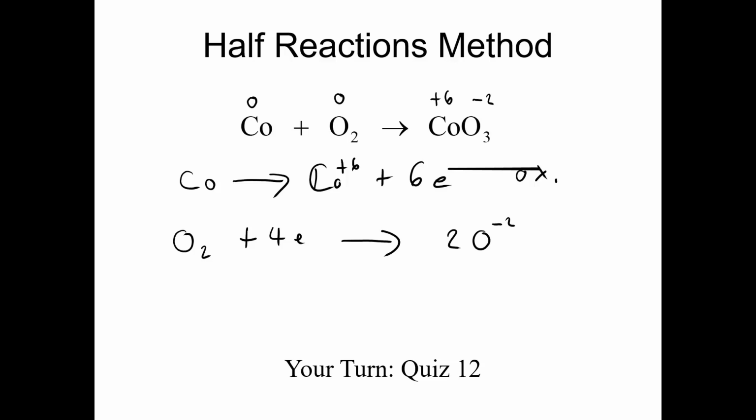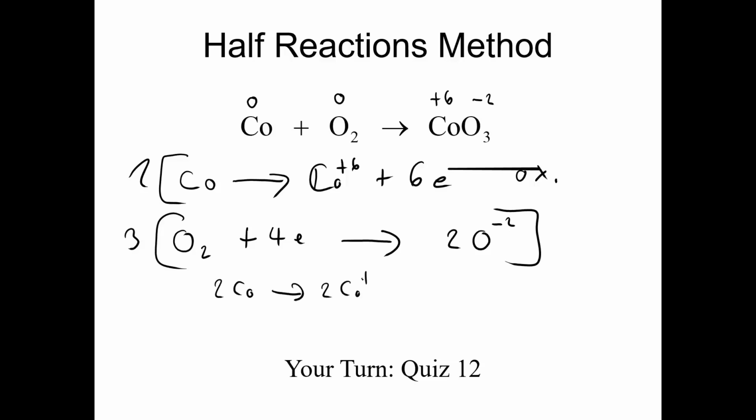Okay, so now we balance the electrons here. We have to multiply this by 2, and that would make it 12, and this by 3, and that will make it 12. So we are going to balance the electrons here, right? So what we get is 2 cobalts going to 2 cobalt plus 6 and 12 electrons.